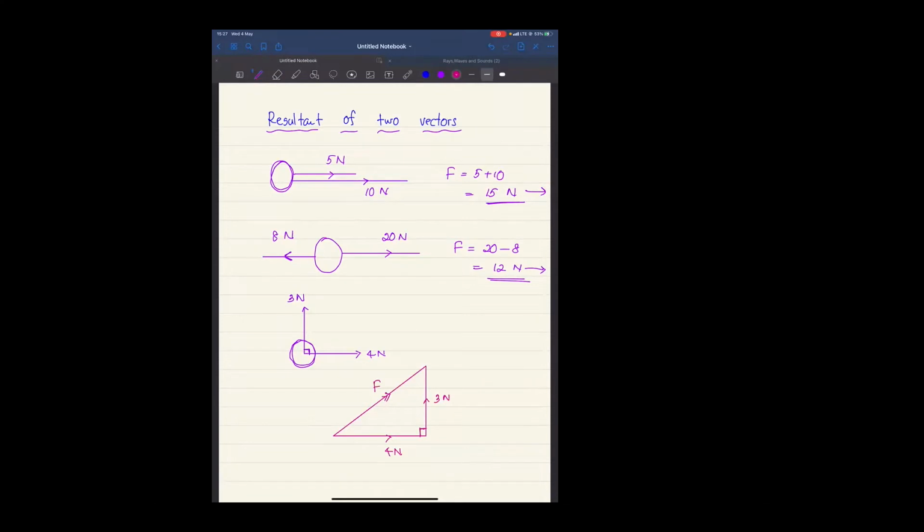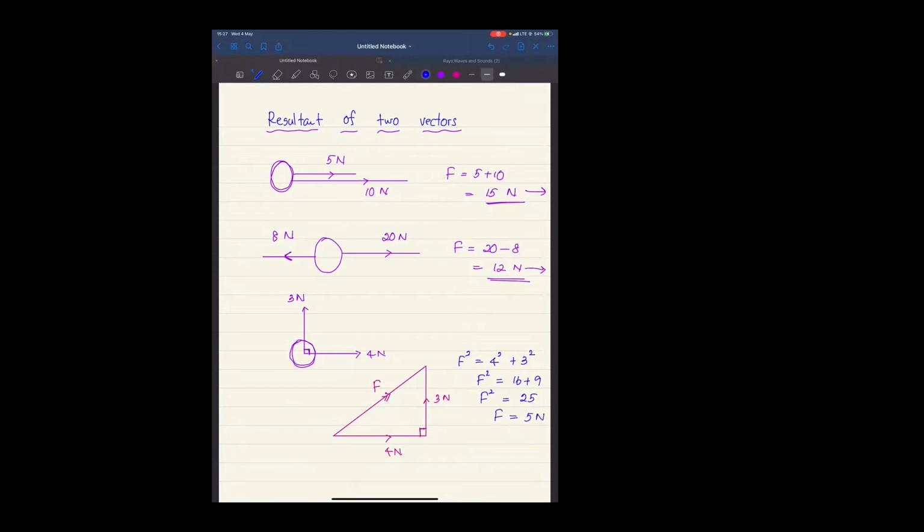So how do I find this length? Since it is a right angle triangle, I can use the Pythagoras theorem. The square of the resultant is equal to 4 square plus 3 square, which is 16 plus 9, equal to 25.